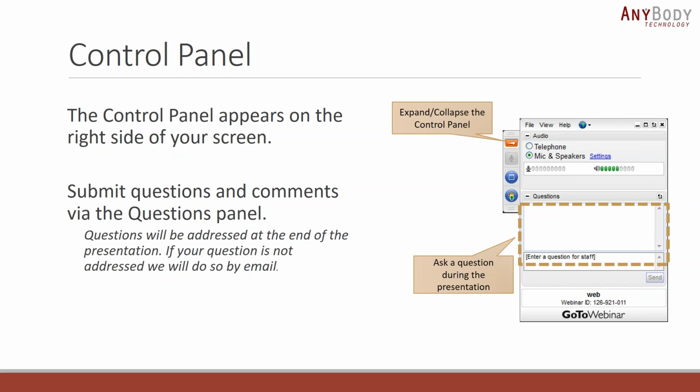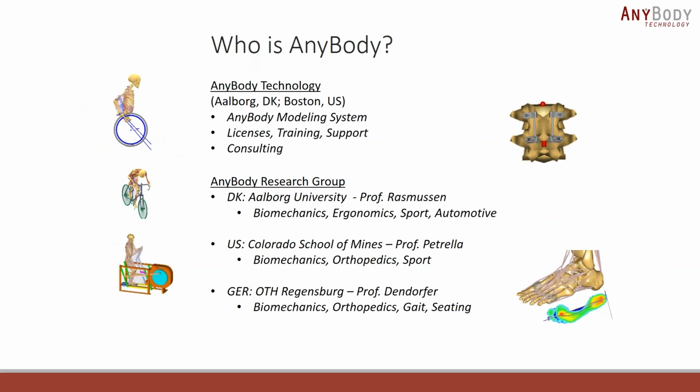Yeah, so let's get started. Who is Anybody? Let's talk about that first. Anybody is, for example, Anybody Technology. This is the company which we work for. We as a software company maintain the Anybody modeling system. We sell licenses for it, we provide training, support, and we do a lot of consulting work for different companies around the world.